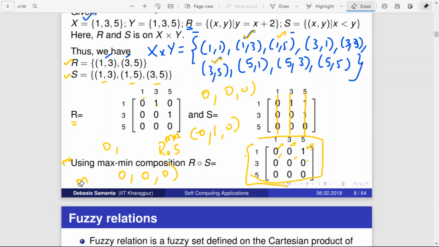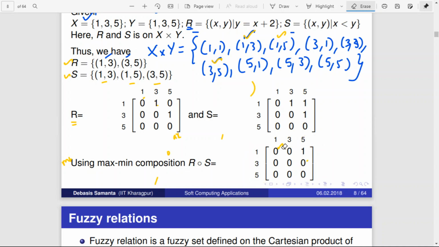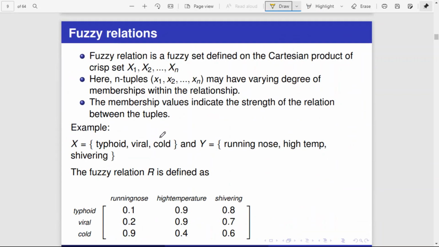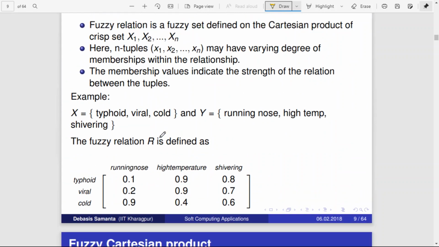That is like yes or no. Whereas that is not the case in a fuzzy relation. A fuzzy relation will take values between 0 and 1, including 0 and 1. For example, these are crisp relations, so you can see they take values only 0 or 1.